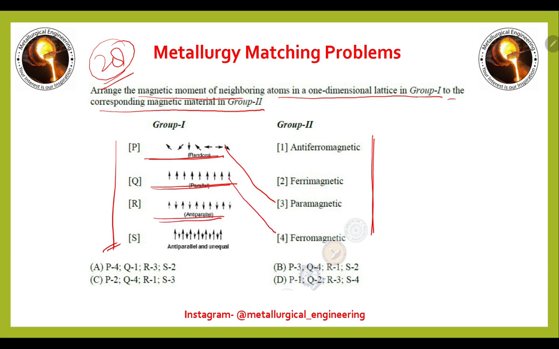Anti-parallel matches with the anti-ferromagnetic material, and anti-parallel and unequal with the alternating sequence matches with the ferrimagnetic material. So the right answer is B part, P3, Q4, R1, S2.